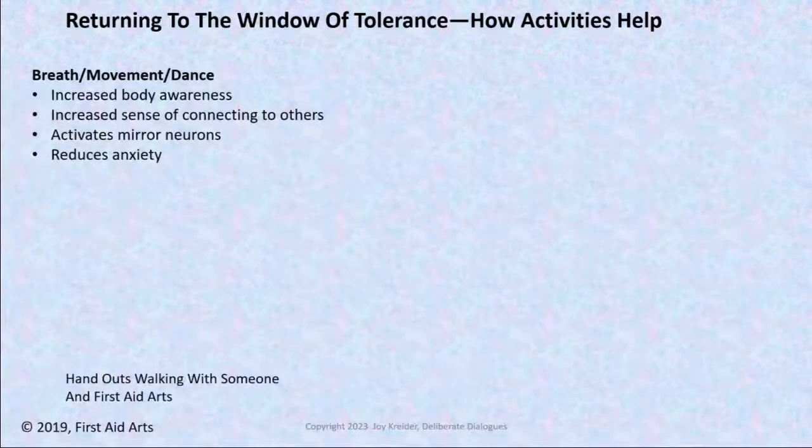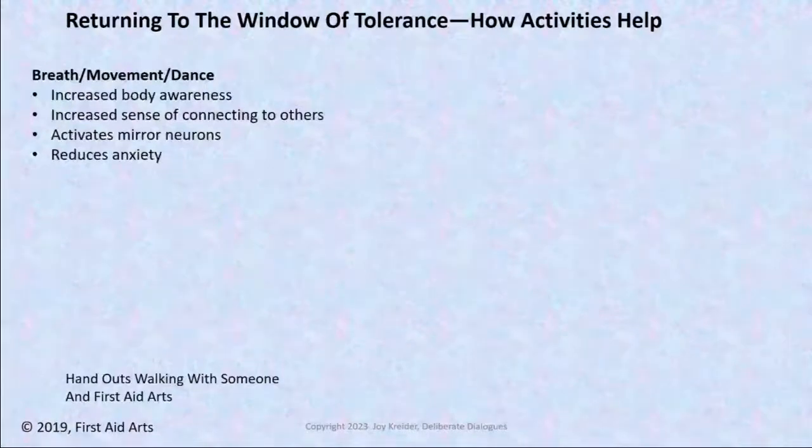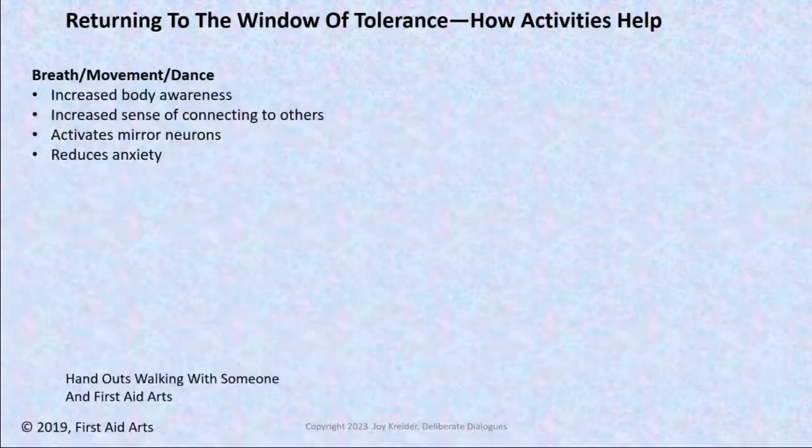And breath work, movement, or dance can actually activate those mirror neurons in positive ways and help that part of our emotional regulation system that's in our brains. It can help set the tone in ways that are positive, not negative. And breath, movement, and dance can decrease anxiety.